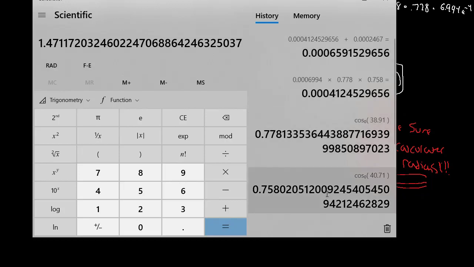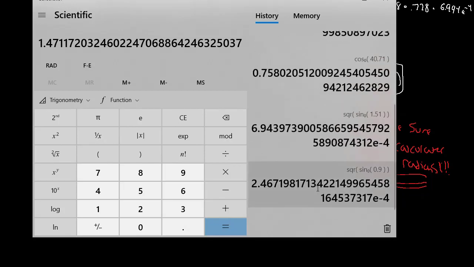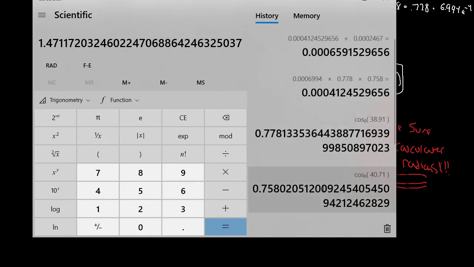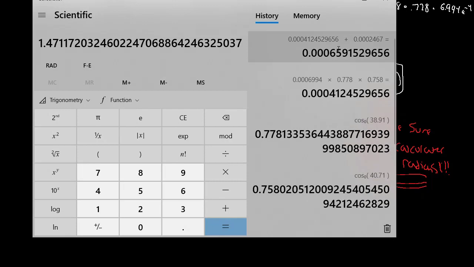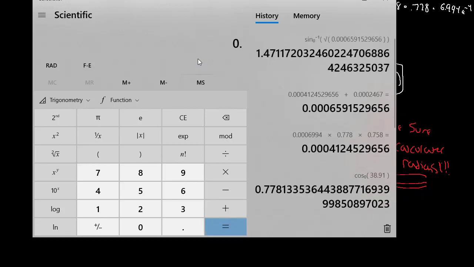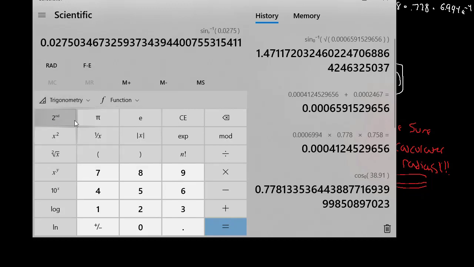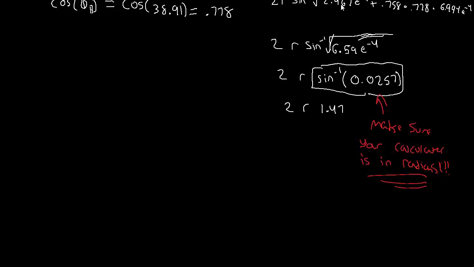So we're going to go back in our history and take our value of 0.0257. Now that we are in radians, if we click trigonometry, second, inverse sine, we get basically the exact same value back. Now that is a coincidence based on this example. That is not always going to be the case.